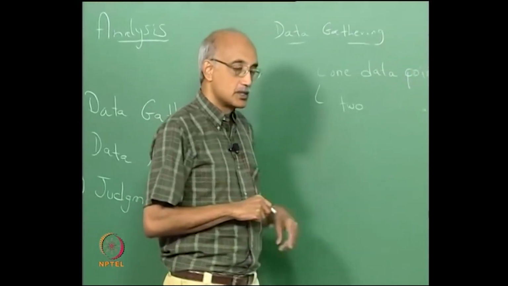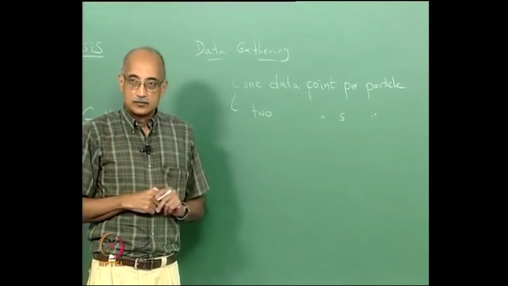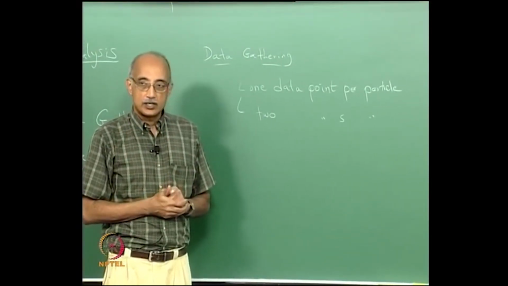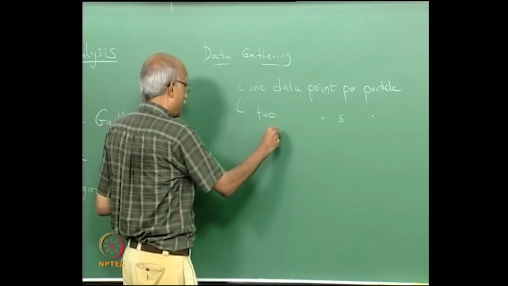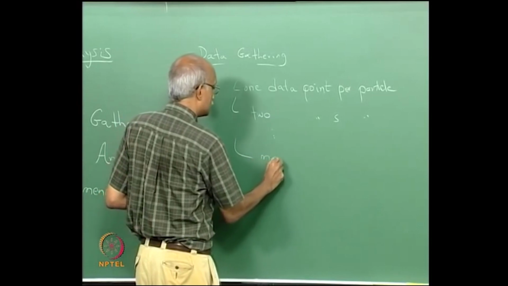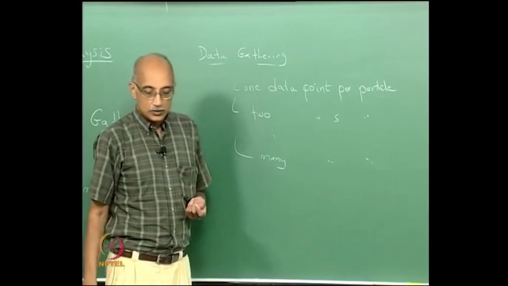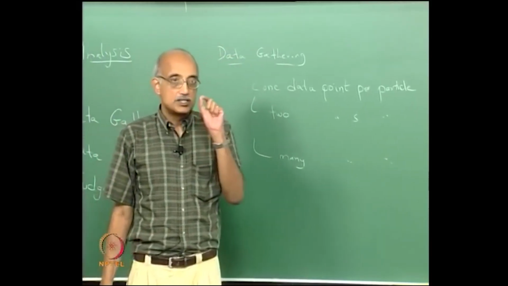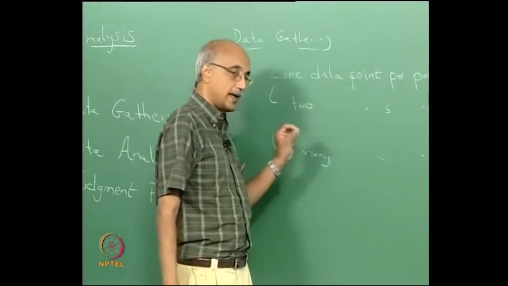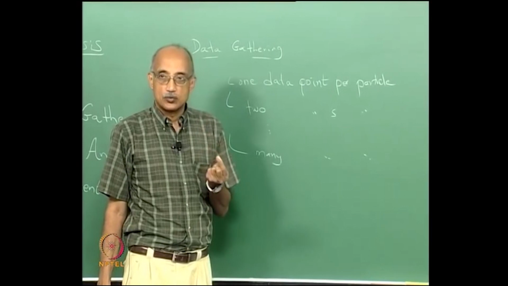So this approach of representing a particle as an ellipsoid by taking at least 2 perpendicular dimensions is very common. And you can extend this all the way to many data points per particle. In other words, you could essentially choose to digitize the profile of the particle, and you can take as many data points as you like, depending on how fine a detail that you want.